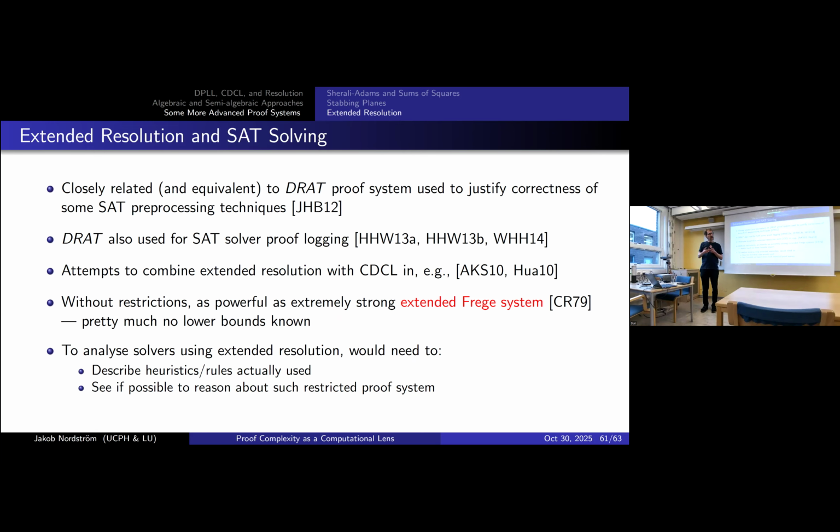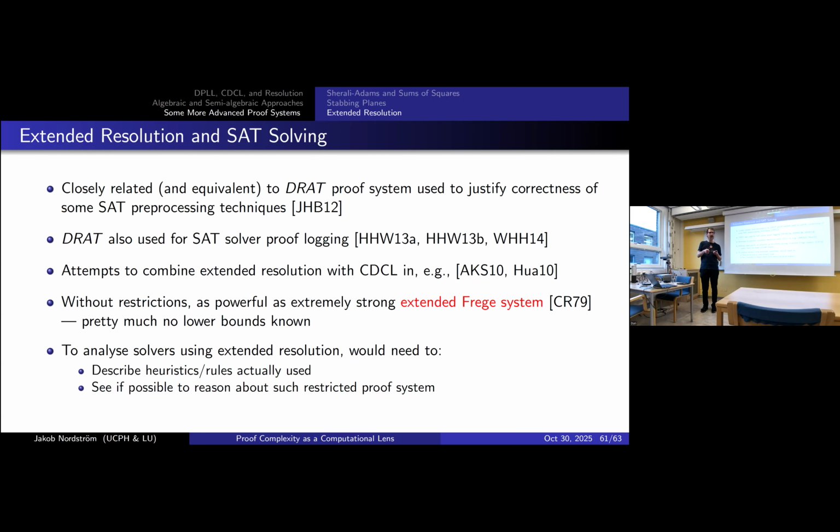And DRAT and extended resolution are in fact as strong as the so-called extended Frege proof system, which is incredibly powerful. It's way beyond anything we've talked about today. So resolution plus just these three clauses for a new variable is incredibly powerful. And the point is that you don't just do this once.